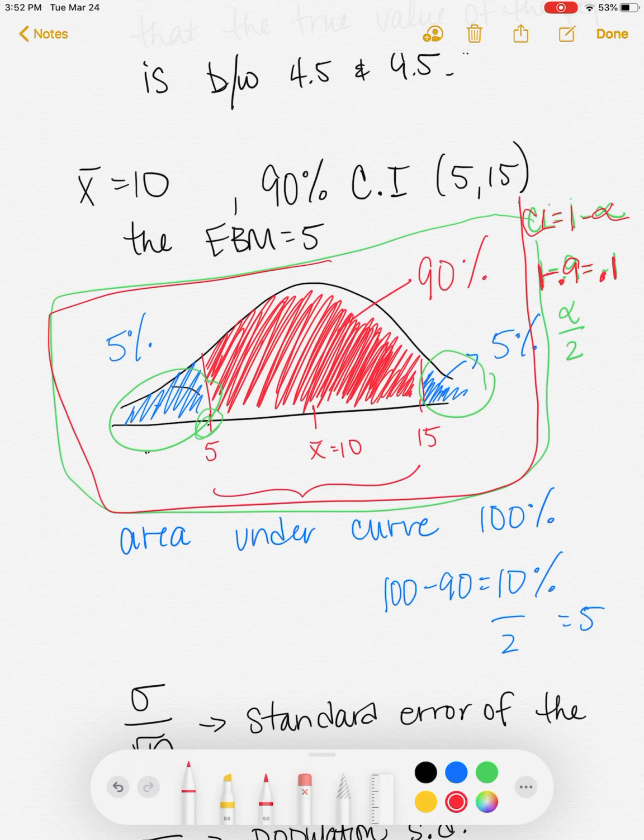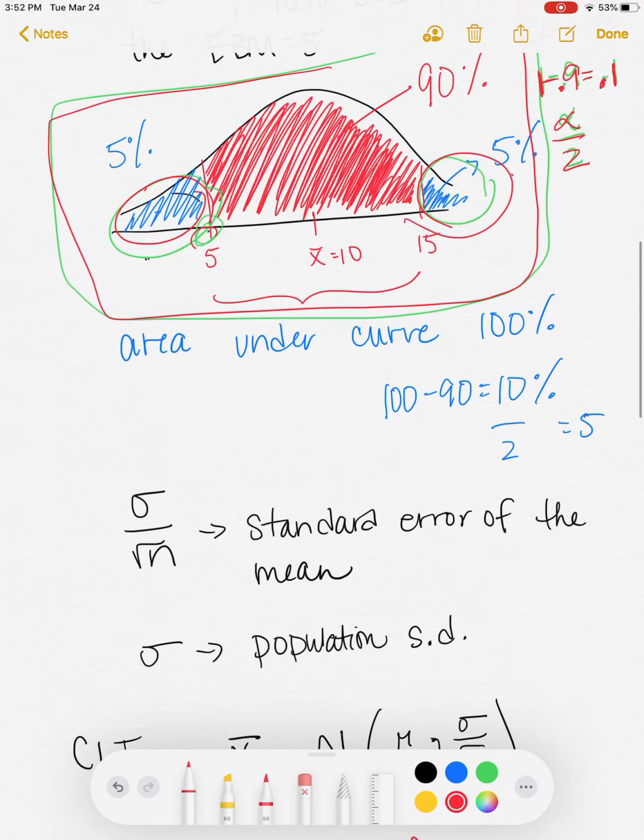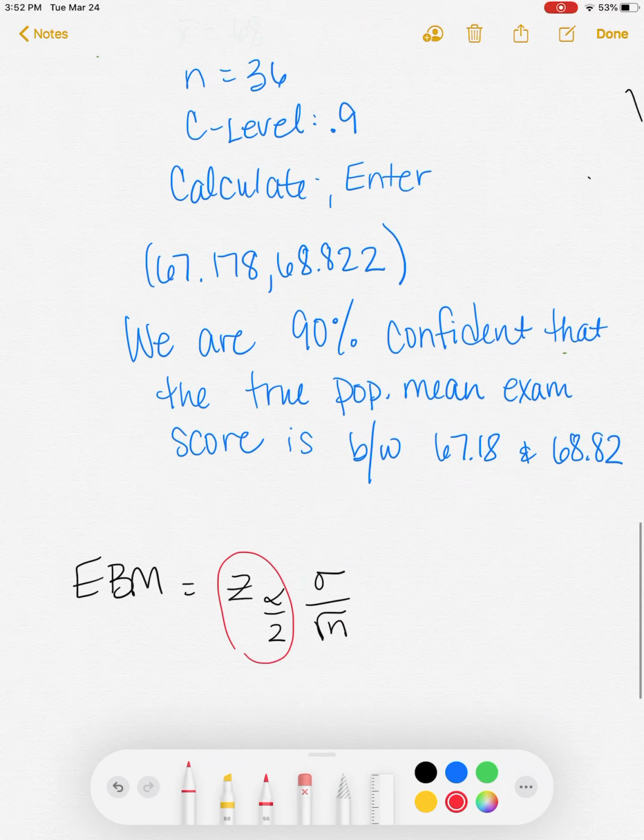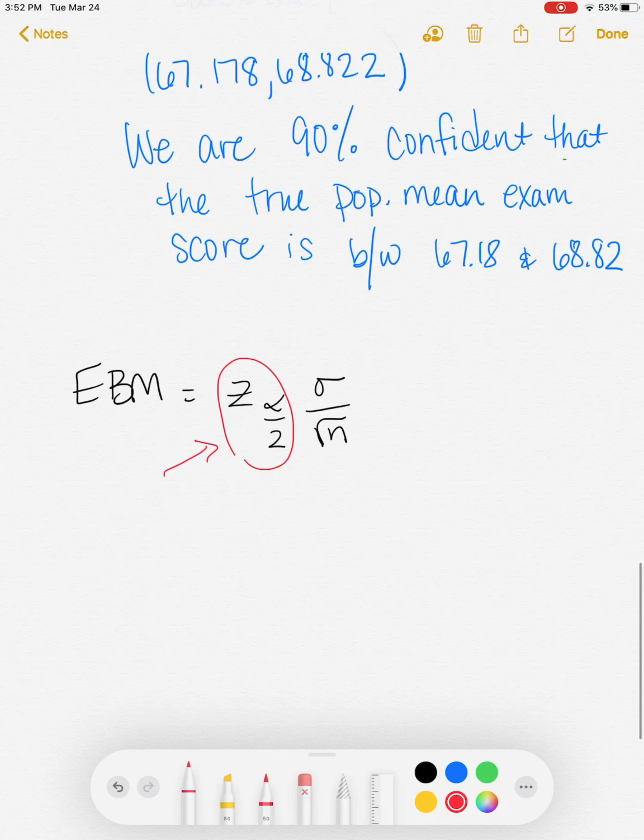So we're going to call 0.1 alpha. And if I take alpha, I told you it was 10%, right? And if I take alpha and divide it by 2, so I took that 0.1 and divided it by 2, I got 0.05 or 5% and 5%. That's my lower tail and my upper tail. That's what the alpha over 2 means.